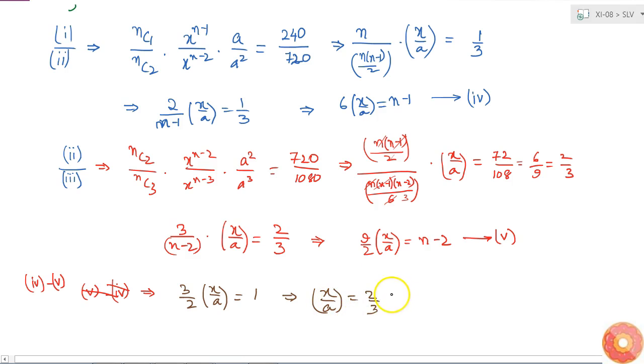Fine. So this further means that if I put this value of x by a in the fourth equation, 6 into x by a is n minus 1, so n is equal to 1 plus 6 into x by a, which is 2 by 3, which is equal to 1 plus 4, which is 5. Therefore I got that the value of n is 5.